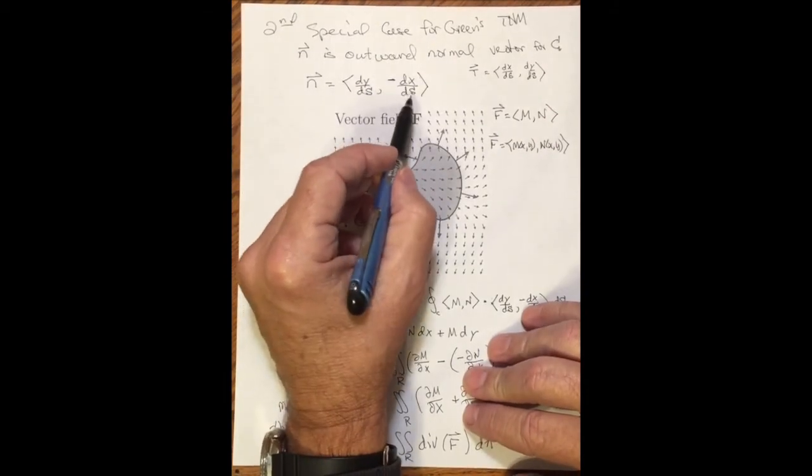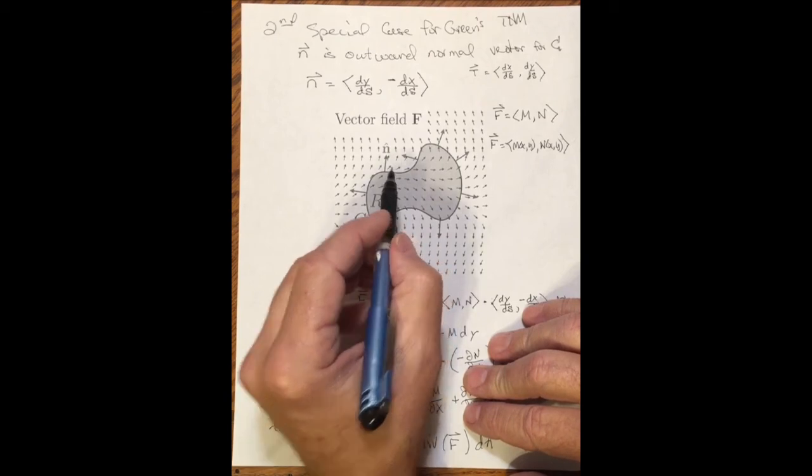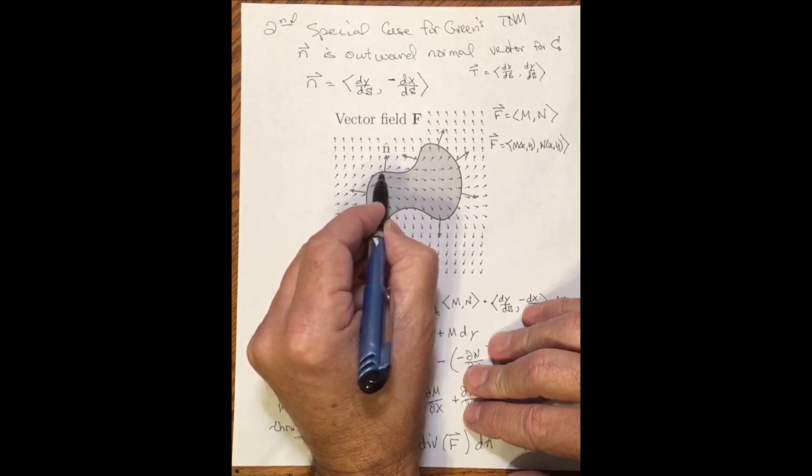Now, you might say, well, how did you come up with this? Well, look, I want you to look anywhere here, right here. How much is y changing? Hardly any, is it? Y is changing very little here. But now how about x? Well, x is changing.